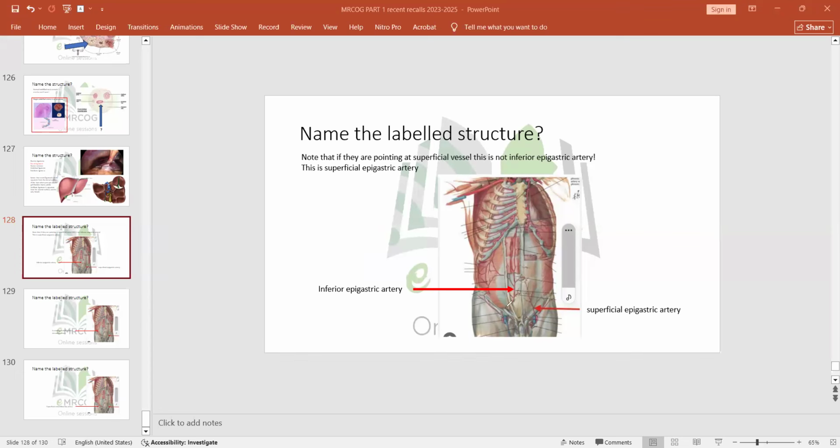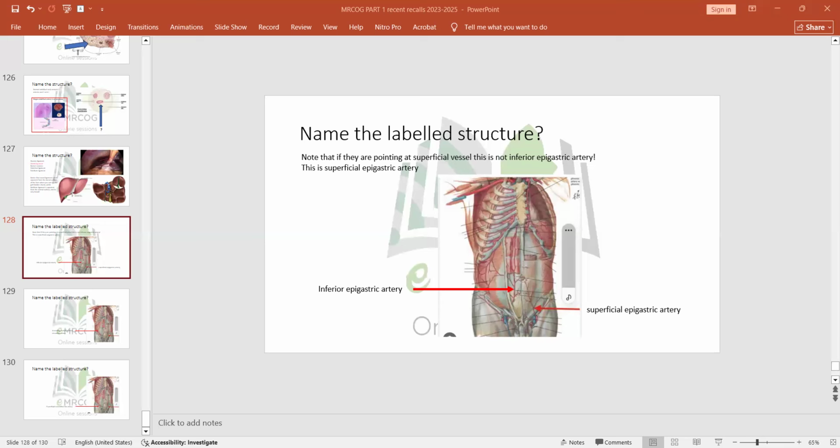So it starts lateral to the rectus abdominis muscle on the lateral surface, and then it's going to puncture the sheath. When it punctures the sheath, it's going to run upwards within the sheath.